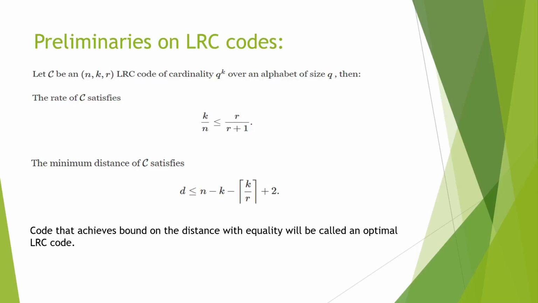Then the rate of C satisfies k/n less than or equal to r/(r+1), where k/n is called the rate. The minimum distance of C satisfies d less than or equal to n minus k minus the floor of k/r plus 2. So a code that achieves this bound on the distance with equality will be called an optimal LRC code.